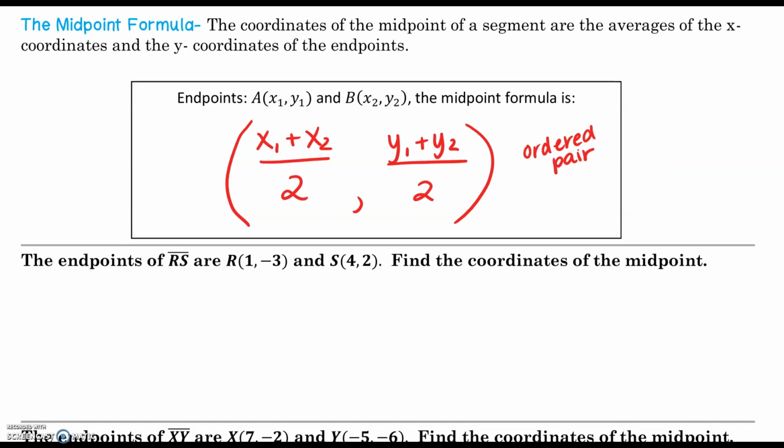So if we take a look at the first example, we have endpoints R is 1, -3, and S is 4, 2. We want to find the coordinates of the midpoint. So we can label R as x1, y1. We can label S as x2, y2. And now we just have to plug it into our formula.